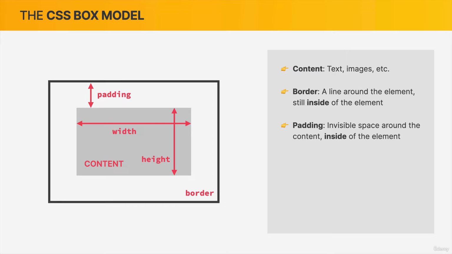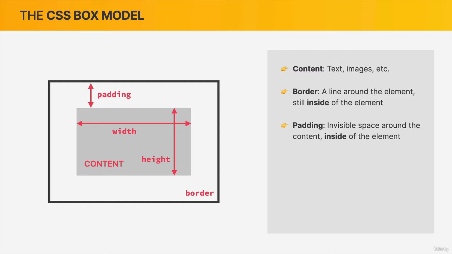You can see that nicely in this diagram, and it will make even more sense when we start using this in practice. But anyway, just like the border, the padding is also still inside of the element. So essentially, padding is empty space that we can create inside of elements.